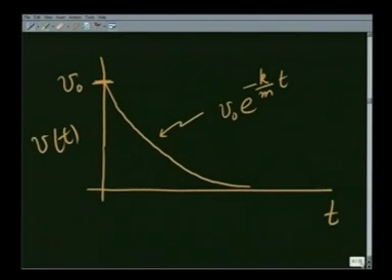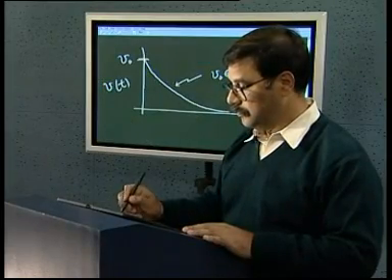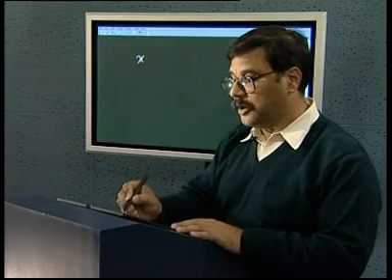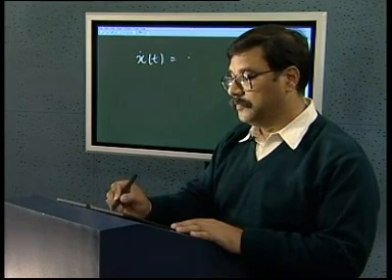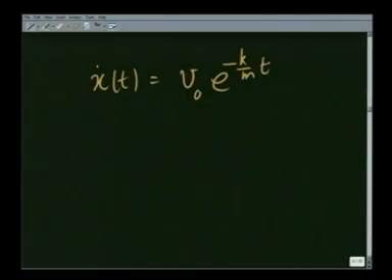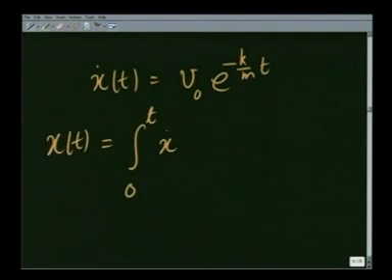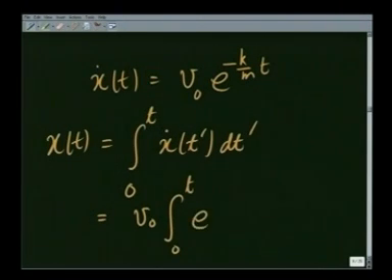That is also easy to calculate once I know the velocity. x dot of t is given to be v0 e raised to minus k over m t. So the distance travelled in time t is going to be the integral from 0 to t of x dot t prime dt prime, which is equal to v0 times the integral from 0 to t of e raised to minus k over m t prime dt prime.